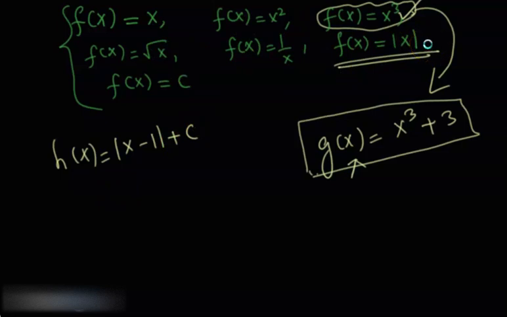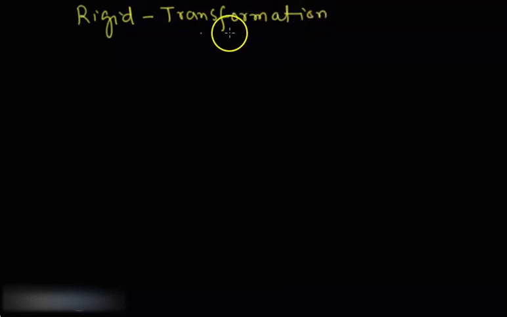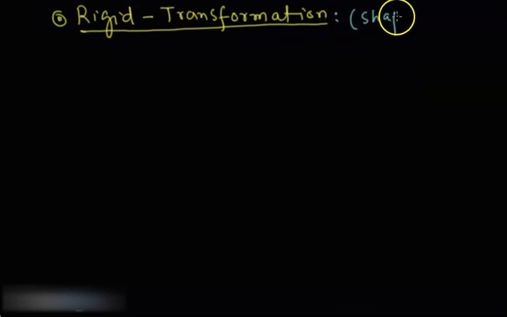Now let me define some terminology, like what is a rigid transformation. There is a rigid transformation and another one is non-rigid transformation. First we will be concerned with the rigid transformations. The rigid transformations are simply those transformations where the shape of the parent function doesn't change.